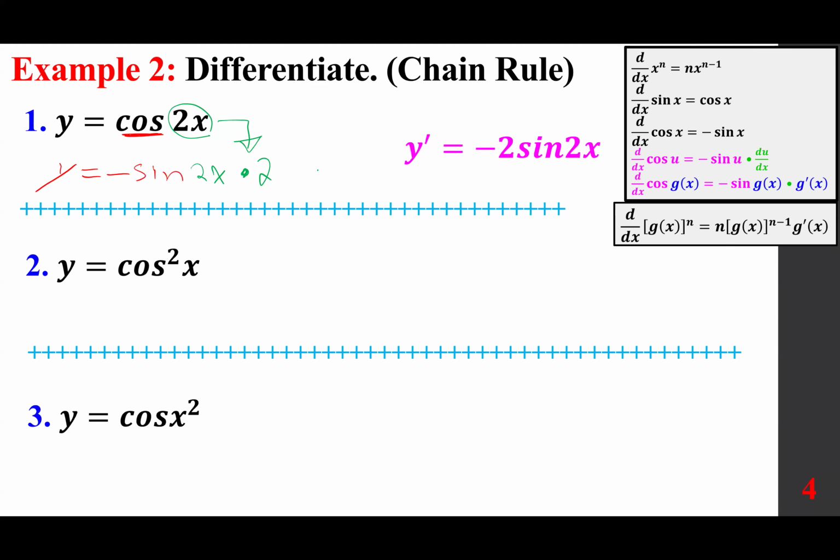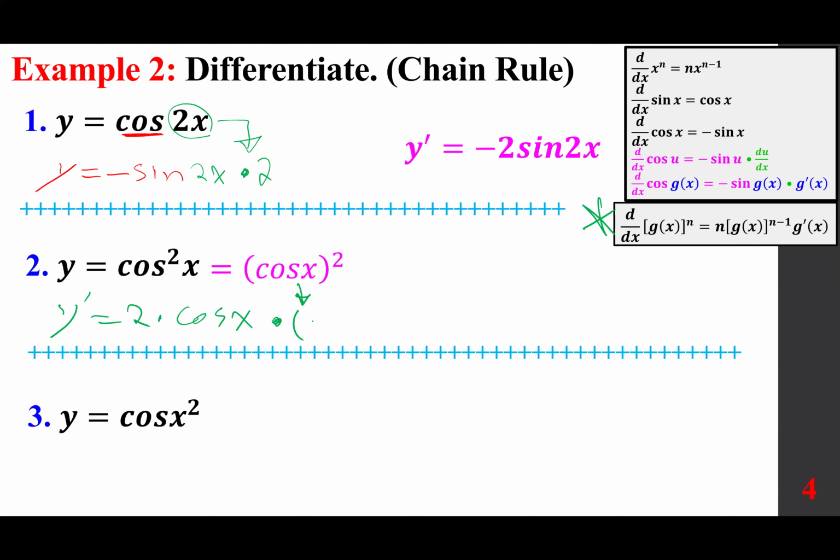The second one, we're going to rewrite it as cosine of x to the second power, so it becomes clear that we're going to use the extended power rule. So we're going to write y prime is 2. Then cosine x to the power of 1 is simply cosine x. And now we need the derivative of that.